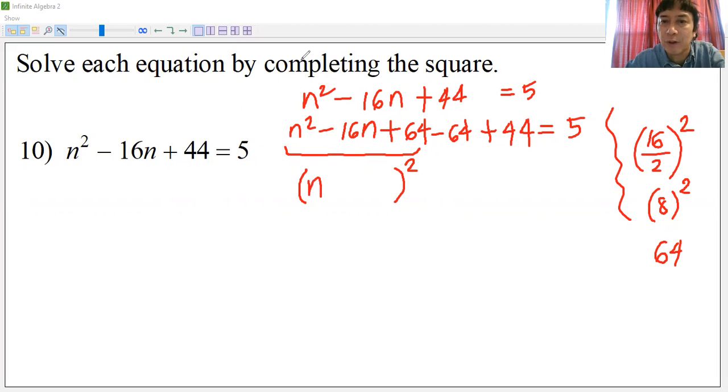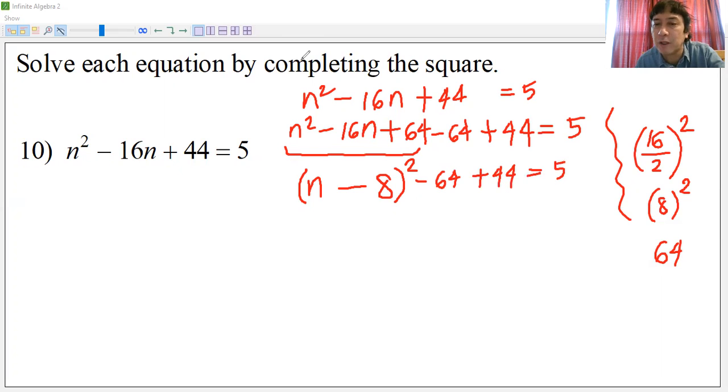And the 64 returns to 8. Don't forget the 8. I said that's the 64 square root. The square root of 64 is 8 there. And the sign there, it must be the minus. You will find it there in the given. So we're done with the trinomial. We will now take care of the remaining numbers. So we have minus 64 plus 44 equals 5 there.